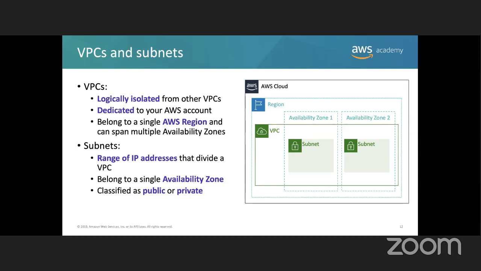So a subnet belongs to a single availability zone, right? You will not have one subnet in different availability zones. The one that spans across availability zones is the VPC. The subnet is for one availability zone, and subnets cannot overlap. They cannot have the same IP addresses. They have to be different.